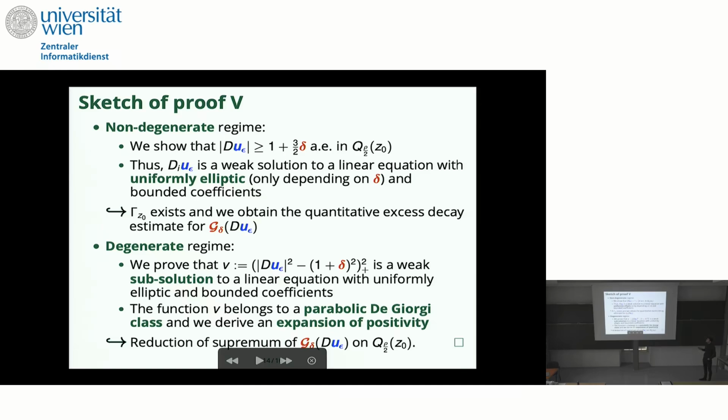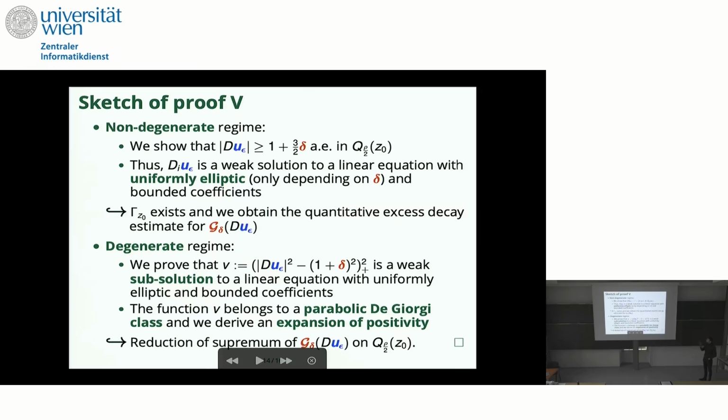Okay, and recall we have second order weak spatial derivatives. So if we differentiate the equation, we can show that the partial derivatives du of u epsilon for any i from 1 to n are a weak solution to a linear parabolic equation, where the coefficients are uniformly elliptic and bounded, where the ellipticity only depends on delta now due to this lower bound.